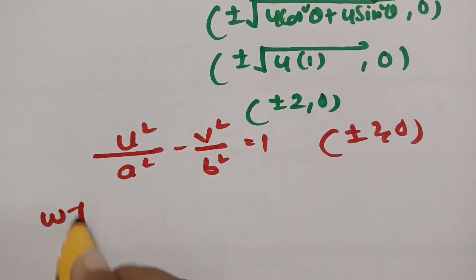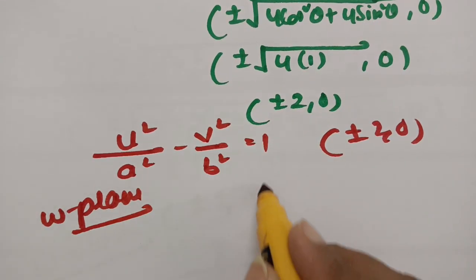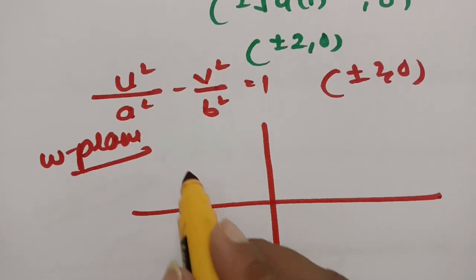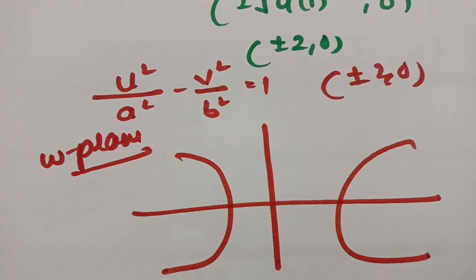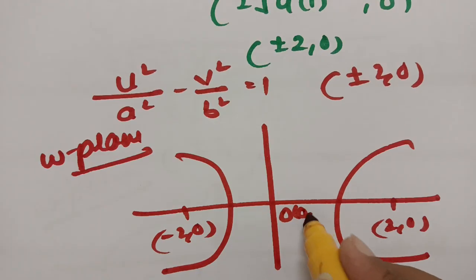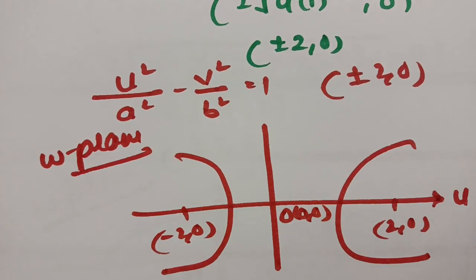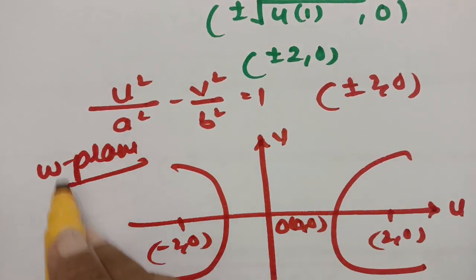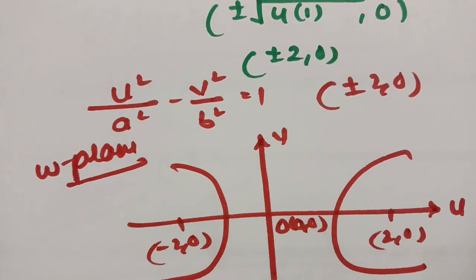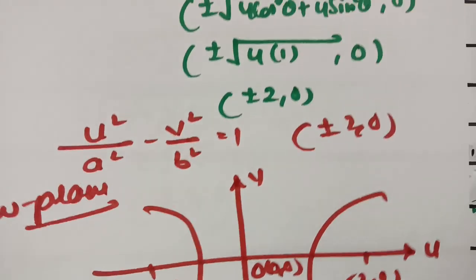And here in the w plane, let me represent this one. So this will be the hyperbola like this, with minus 2 comma 0 and plus 2 comma 0, which are the same. So this is 0 comma 0, and this is u and this is v, and this is the w plane. We have to see that there are two shapes here.